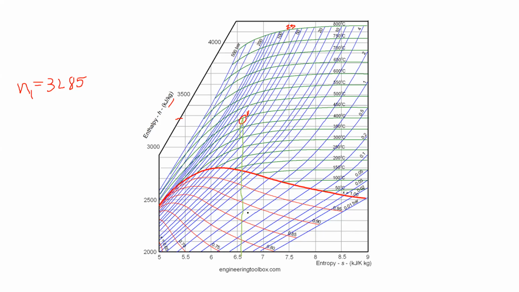You just draw a straight line. On this line, at a 25 bar, this is the 20, 30, 40, 50 line.